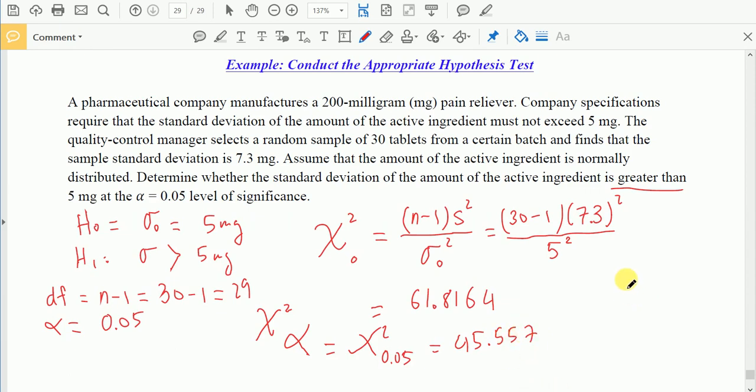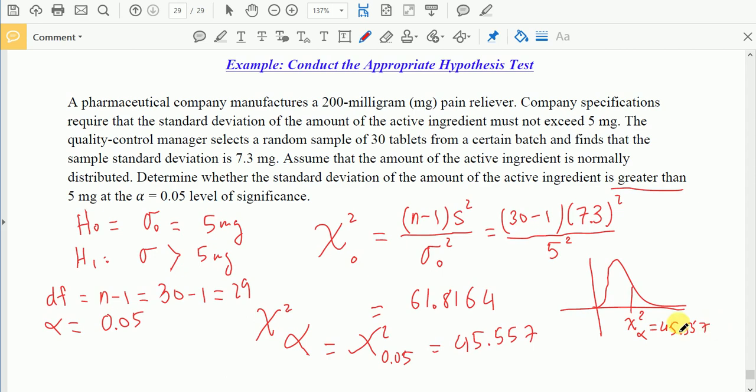Now you're going to draw the right tail curve. So let me draw the right tail curve here. Okay. So this is all the way to the right. So this is chi-square alpha, and this happened to be 42.557.